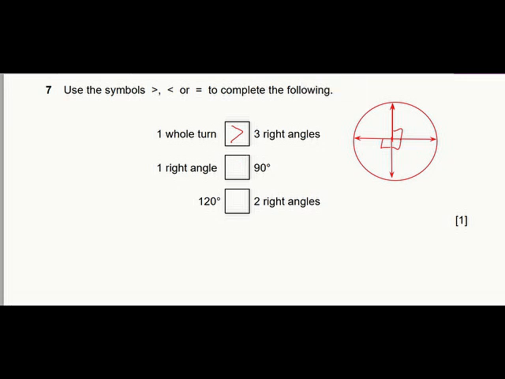Look at that equal sign. And 120 degrees is greater than or less than 2 right angles? 2 right angles are 90, 180. There are 180 degrees in 2 right angles. It means 120 degrees is less than 2 right angles.